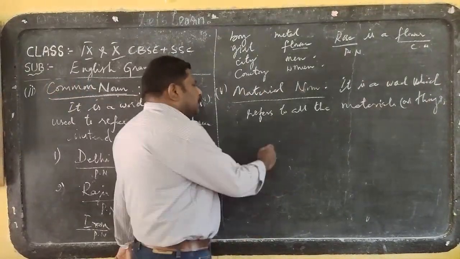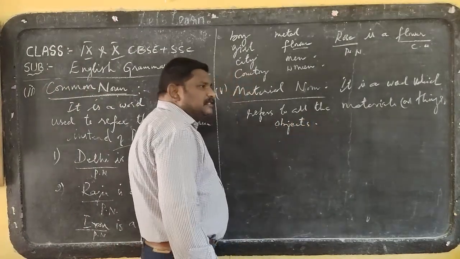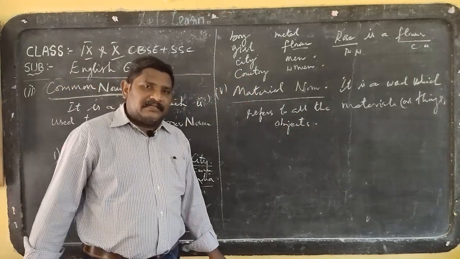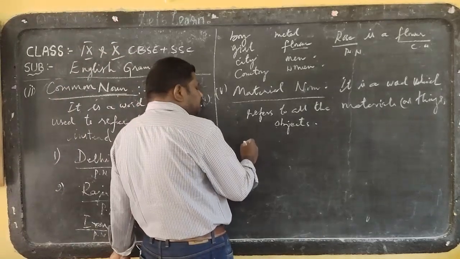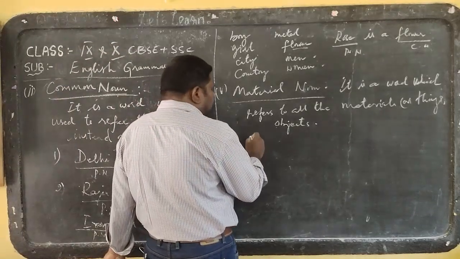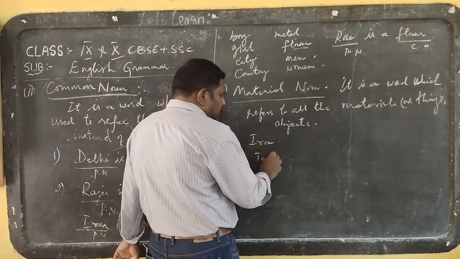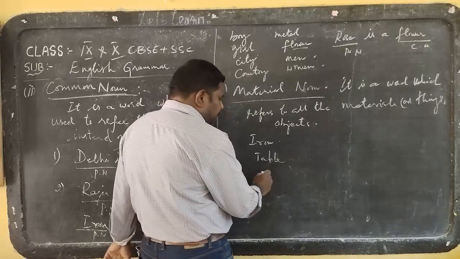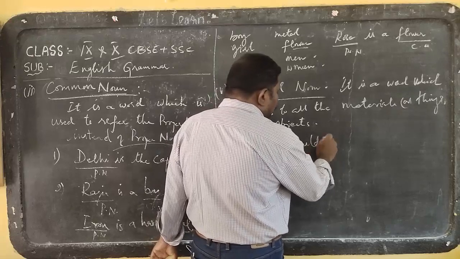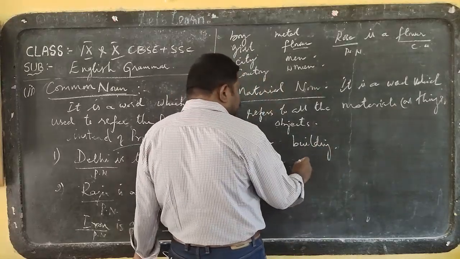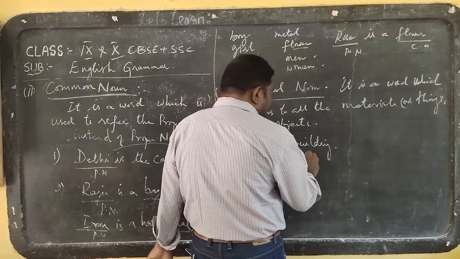We can also say a material noun is the word which refers to all the objects. For instance, iron, or objects like table, chair, building, or things like hammer.